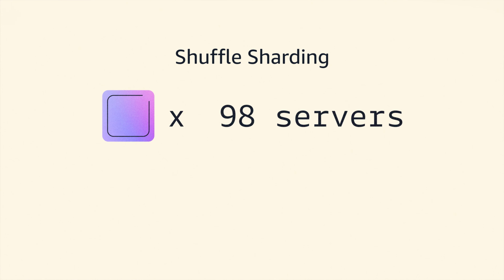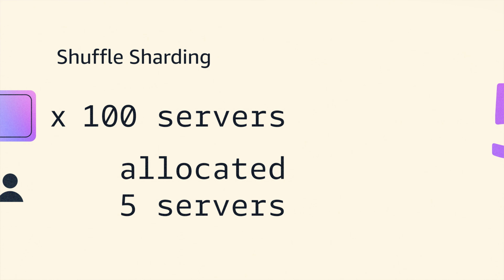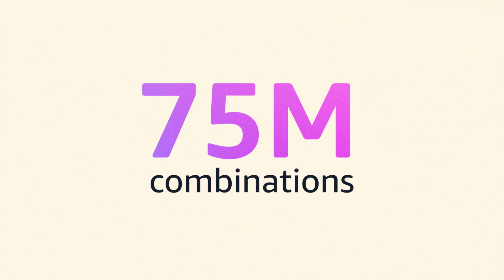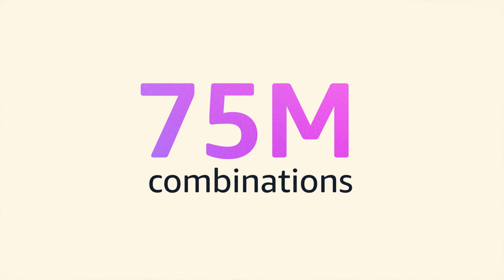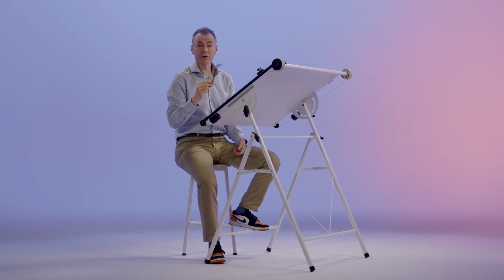So with just 100 servers and allocating each customer 5 different servers from that, the number of combinations grows to 75 million. And if you try to calculate the number of customers who would have the same 5 servers overlapping, then that is just 0.0000013%. That's magic. We use shuffle sharding across many of our services to keep our customer workloads resilient.